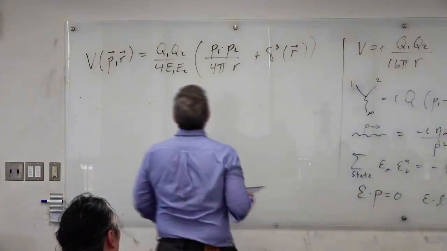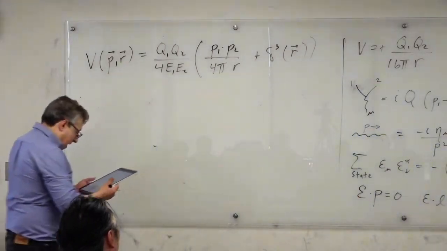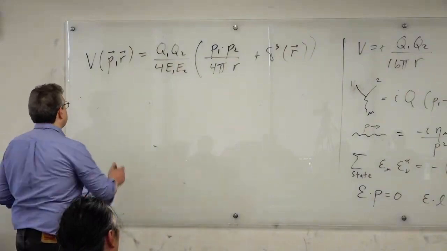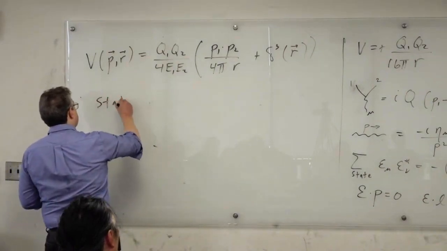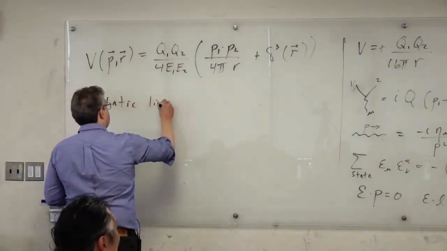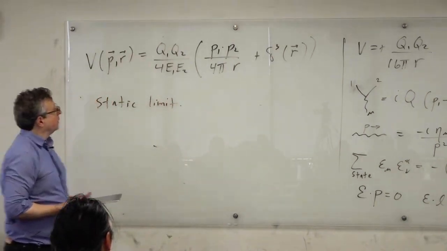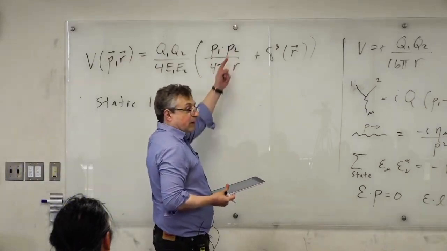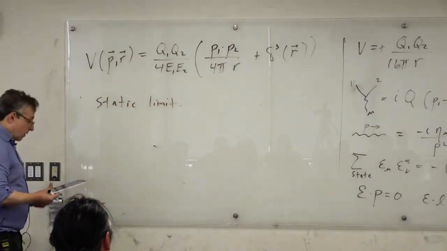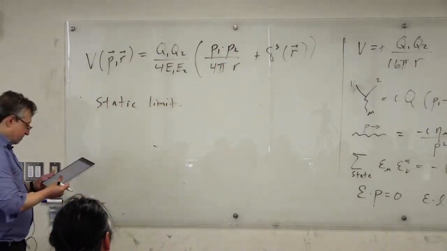Now I look at that and ask, what happens if I go to the static limit? That's the only thing Coulomb knew. Coulomb didn't understand, of course, if there are velocities involved. So we go to the static limit to look at Coulomb.